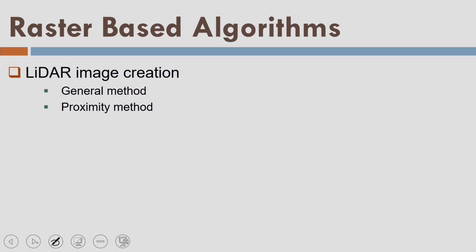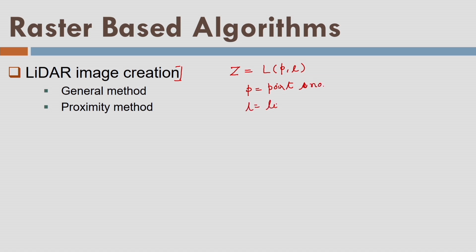Now we have to create the LiDAR image. LiDAR image is written as Z_L(P, L), where L indicates LiDAR, P is the point number and L is the line number. So which line I am referring to and which point in that line I am referring to. What is the elevation of the point? Before that, we should also know that finally I will get X, Y, Z 3D coordinates.